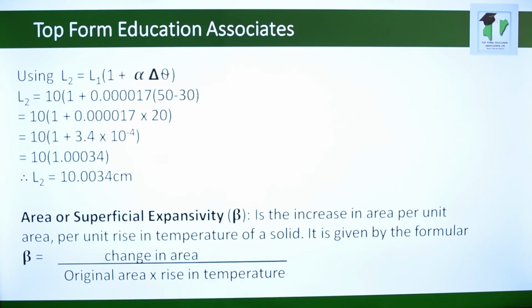As a result of a unit rise in temperature, which could be in degrees Celsius or in Kelvin, there is an increase in the area of that object per unit area.